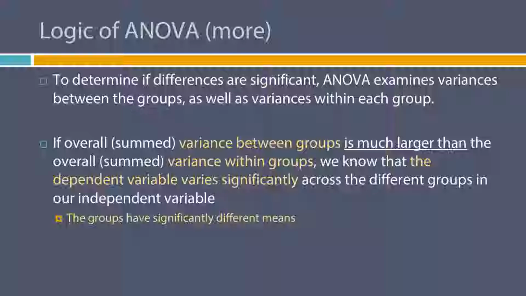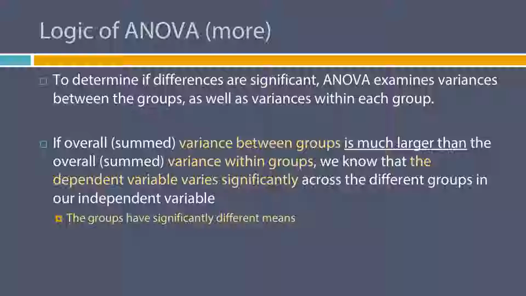So if we find that the variance between groups is much larger than the variance within groups, that means, 1, we have a high F value. That means, 2, we're going to likely reject the null hypothesis if it's really high based on our distribution.